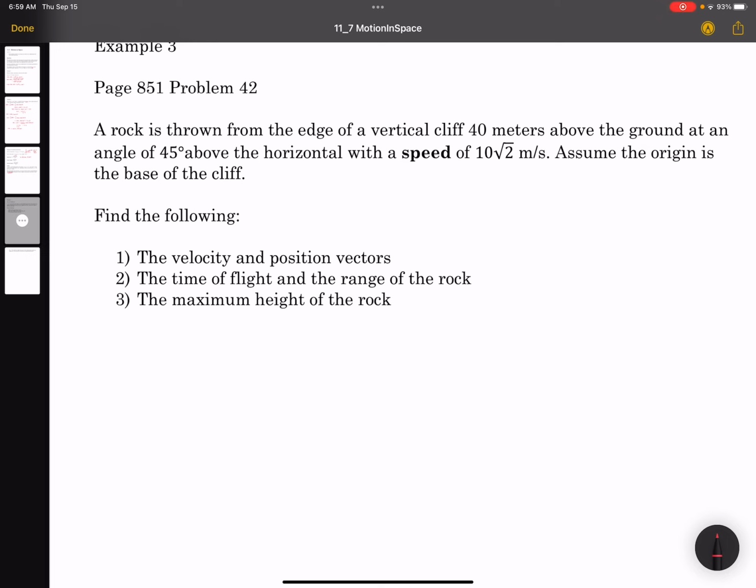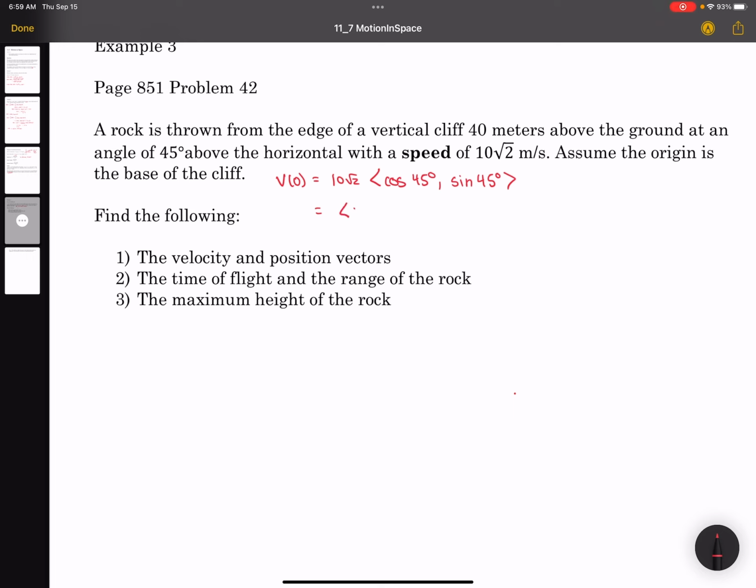We know that the initial velocity, so we'll say V0, is 10 square root 2 times the cosine of 45 degrees and the sine of 45 degrees, which is square root 2 over 2 for both, right? So 10 square root 2 times the square root of 2 divided by 2 is 10 times 2 divided by 2, which is 10.